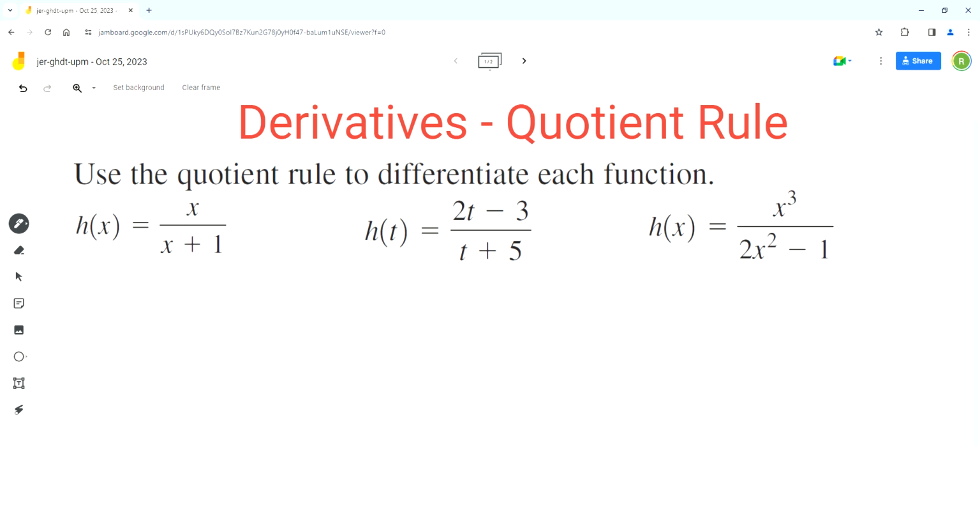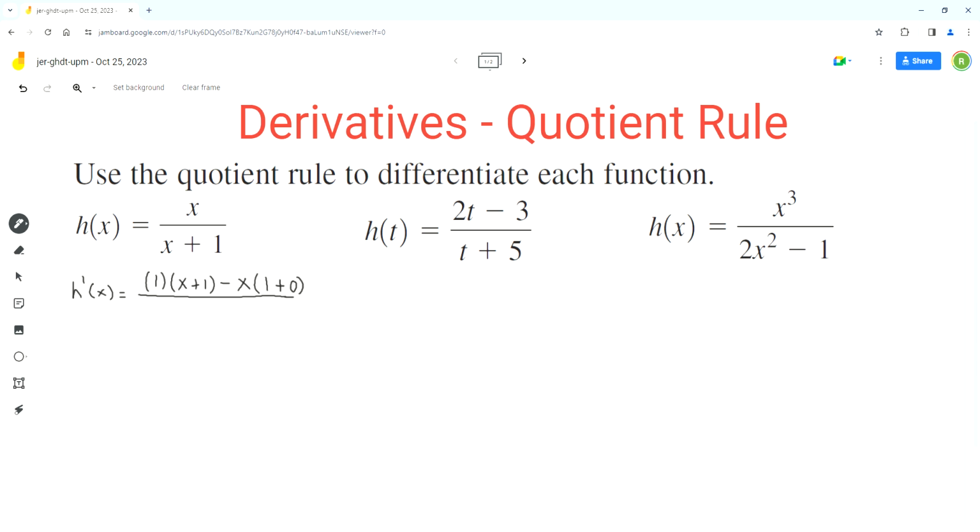So the first step is, h prime of x equals, we start with the derivative of the numerator. The numerator here is x, so the derivative of that is 1, times the denominator expression x plus 1, minus the numerator expression, which is x, times the derivative of the denominator, which will be 1 plus 0.